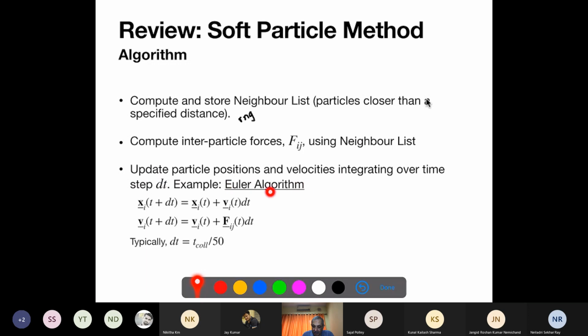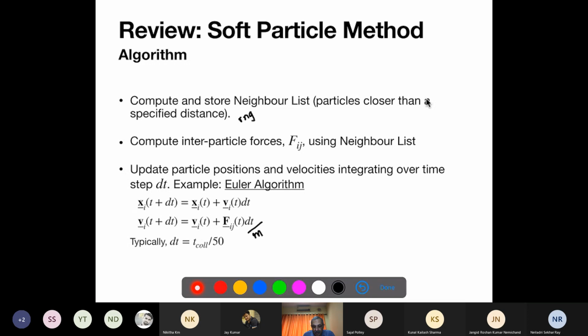The simplest algorithm is the Euler algorithm, where the position at time t plus dt is the position at time t plus velocity at time t times dt, and the velocity at time t plus dt is just this. Of course, this is divided by the mass, but since we have made everything dimensionless, mass is 1. So the change in velocity is just acceleration multiplied by the time step dt.